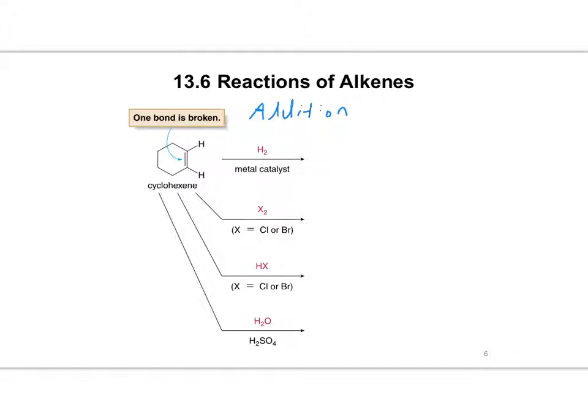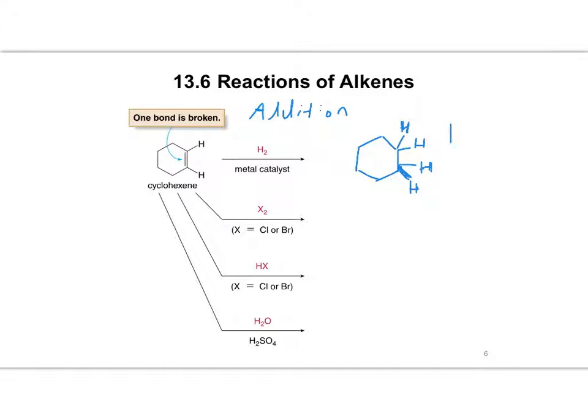So just to draw an example, you can add hydrogen to that double bond like so. The double bond breaks and you create two carbon-hydrogen single bonds. You just added hydrogen to it.